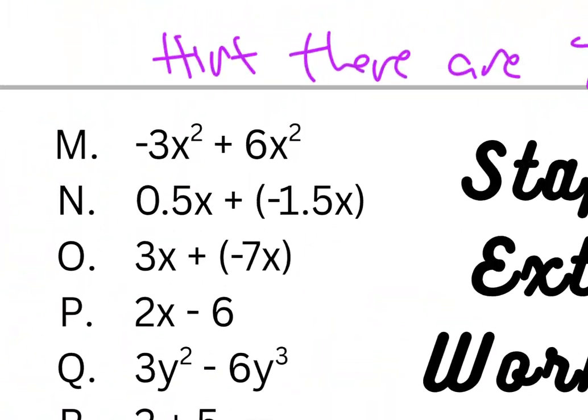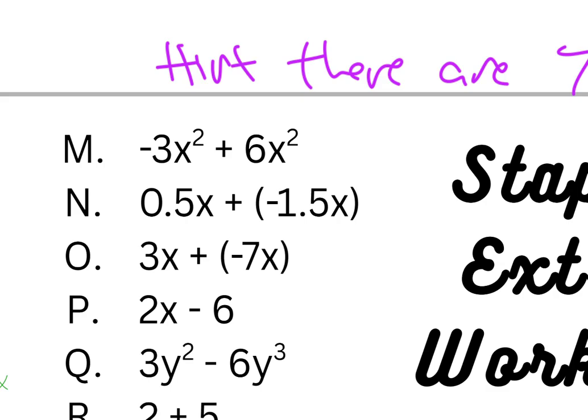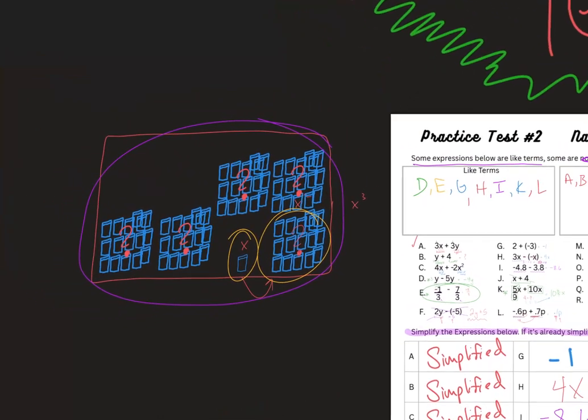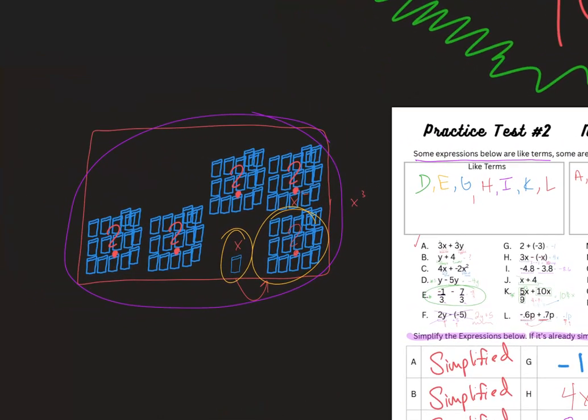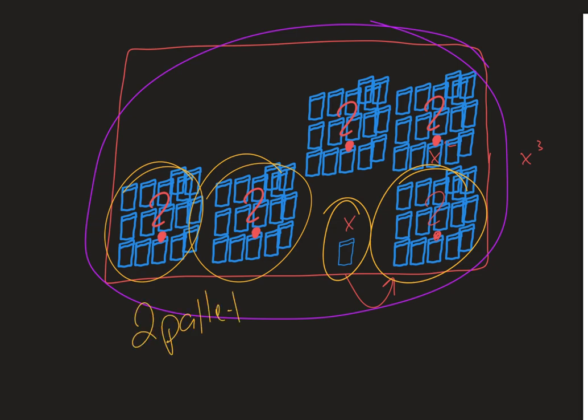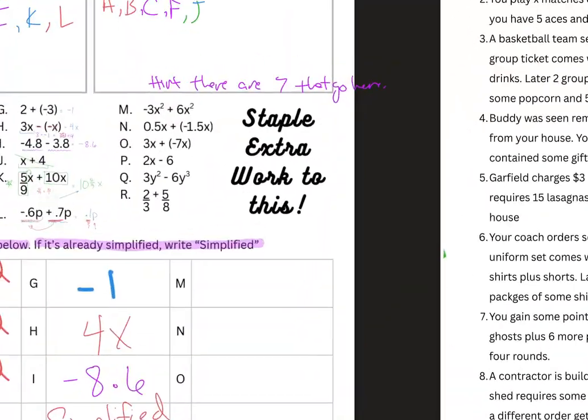M, negative 3x squared plus 6x squared. So you might think, nope, he talked about all that shipping crate stuff and cereal, and so those aren't the same. But hold up, if we had one pallet plus another pallet, we could say we have 2 pallets, right? Yeah, we could. So check this out.